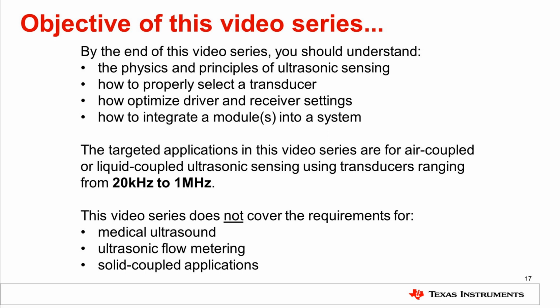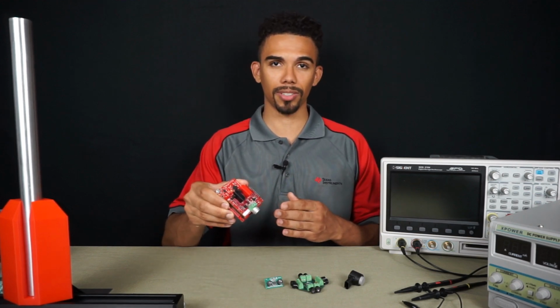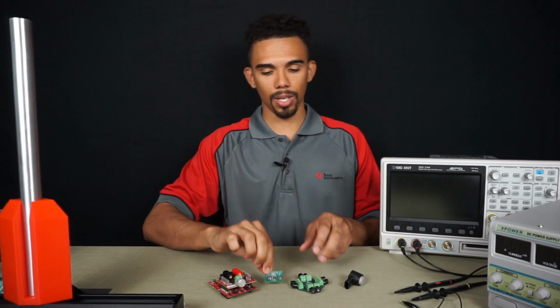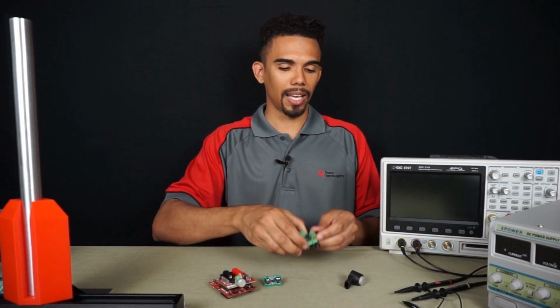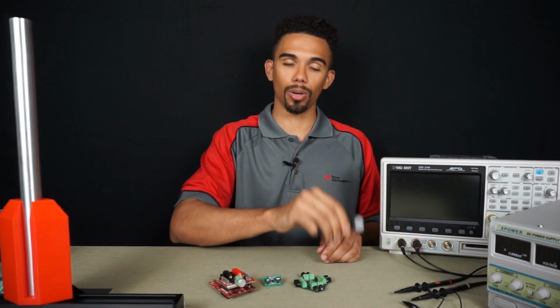This video series does not cover the requirements for medical ultrasound, ultrasonic flow metering, or solid-coupled applications. With this collective knowledge of how an ultrasonic sensing system works, you'll be able to start evaluating TI's ultrasonic sensing devices, move to small form factor prototypes or special case prototypes, and finally mass production of the modules that will go into your end equipment.